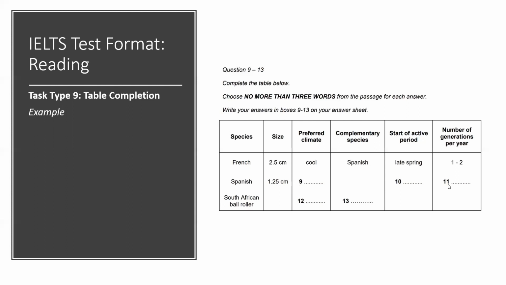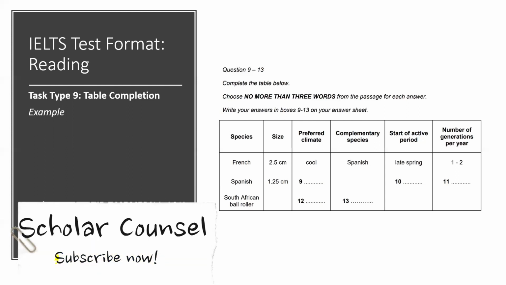Question 11, same species, the number of generations per year is to be written. Because we are completing the table, we have to see all the information given: the columns, the rows, everything. How many words are we required to write? 1, 2, or 3 words maximum.